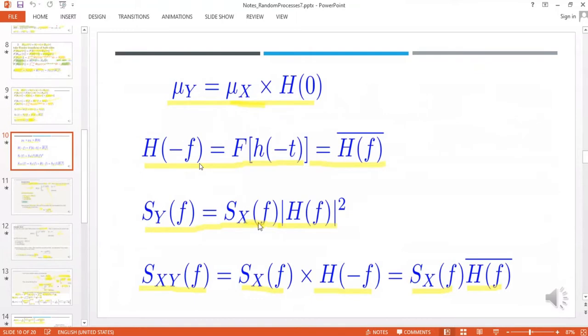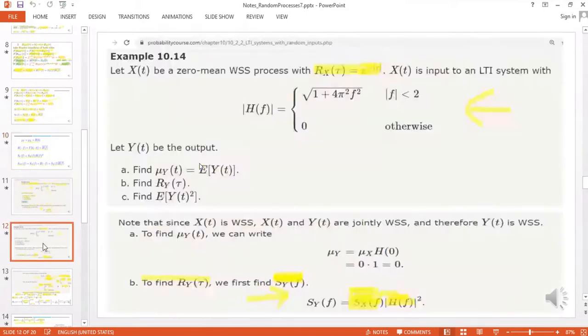SY(f) is equal to SX(f) times absolute of H(f) squared. So we'll use this result to calculate SY(f) because H(f) is already given. Rx(tau) we have, but we don't have SX(f).